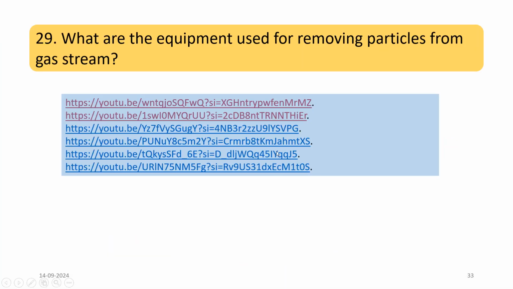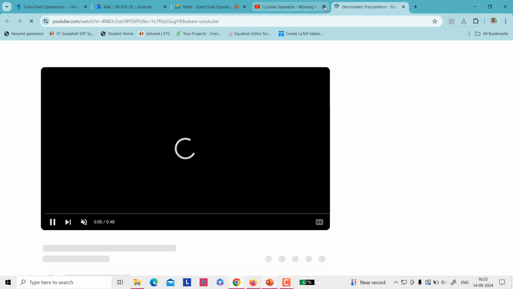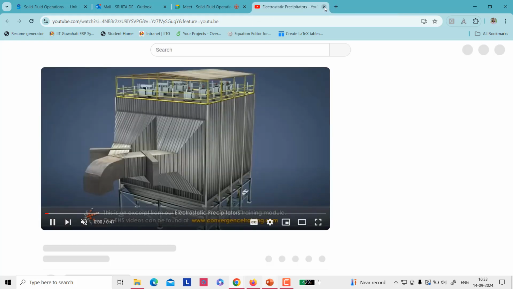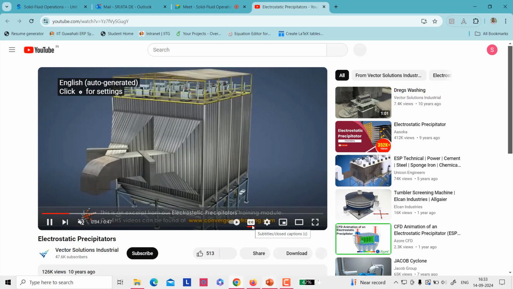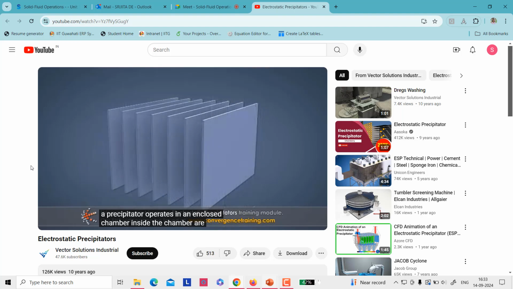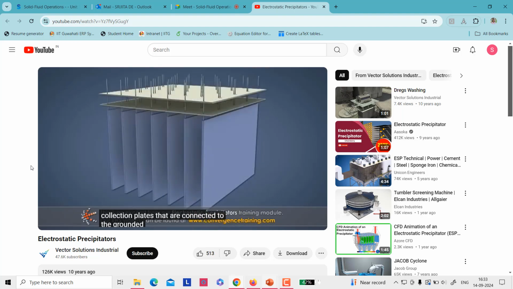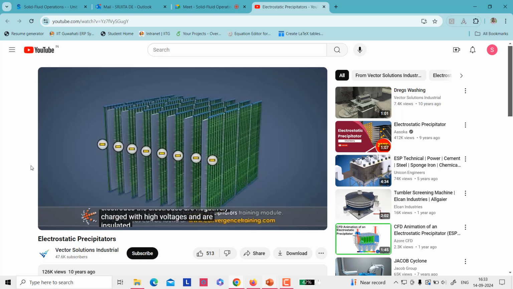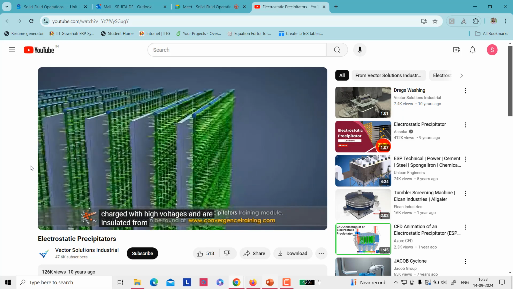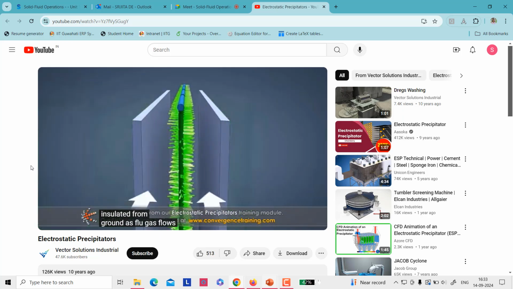Next one is the electrostatic precipitator. Inside the chamber, one side is connected to ground and another side is connected to the electric field. The discharge electrodes are negatively charged with high voltages and are insulated from ground.